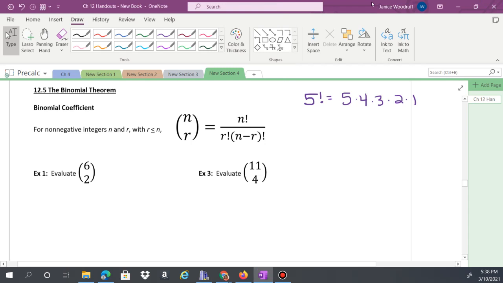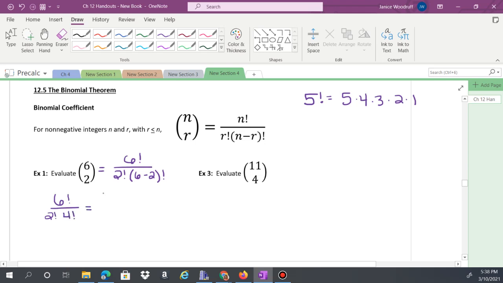So if we use the formula here, you have 6 as your n, 2 as your r for this example. So you would write it as 6 factorial over 2 factorial times 6 minus 2 factorial, which would then be 6 factorial over 2 factorial times 4 factorial.